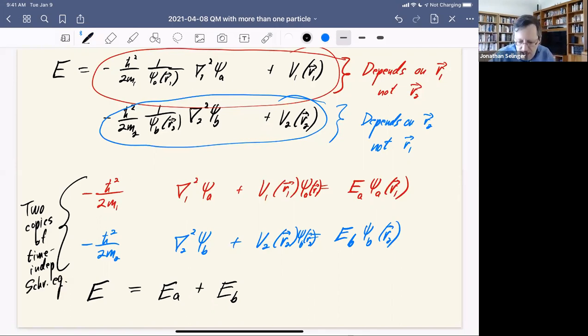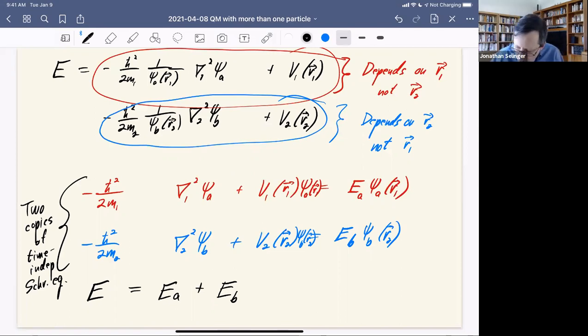So each of the two particles satisfies the time-independent Schrodinger equation, and each of the two particles has an energy. And those two energies add up to make the energy of the total system.